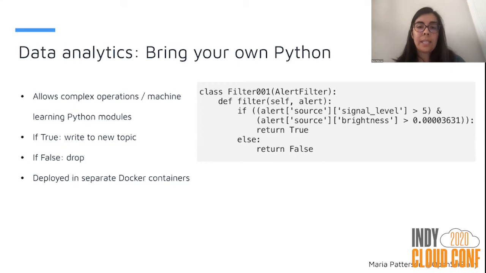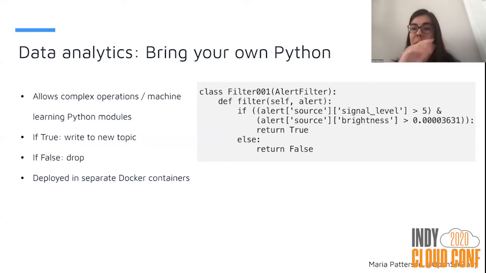So in this case, I can write my filter. This is obviously a very simple one where I say, I'm going to get the alert if this is a high signal and it's of this brightness, then I'm going to return true, which will end up writing to a new topic or a new stream in Kafka so that someone else along the pipeline can listen to it, or can drop it altogether.